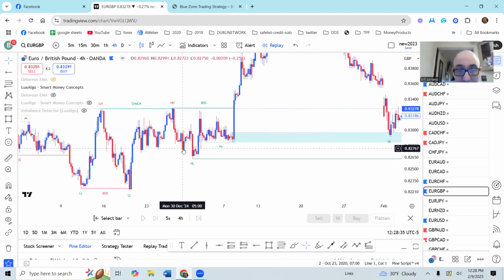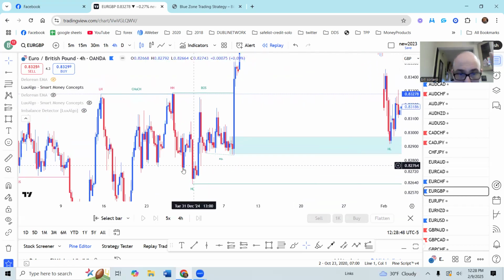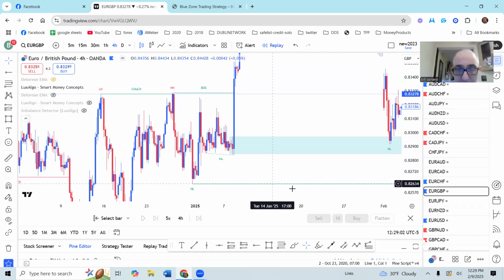Now we also have this area right here that there's no imbalance there. See, you have this impulsive move up, okay? And here's your candle right here. You could see that wick. There's really no imbalance there. Now, if we turn on the detector, it's showing you the imbalance from here to here, but this wick comes down and fills it.